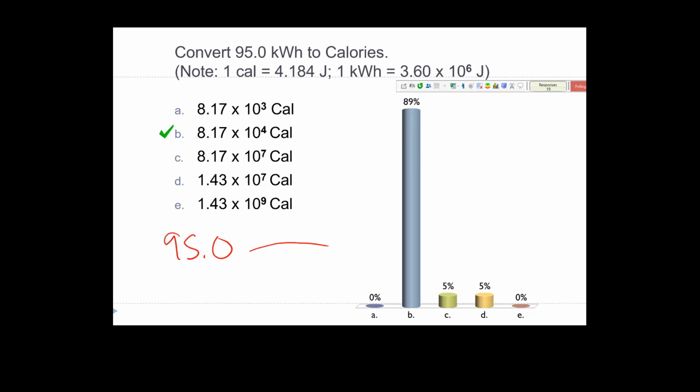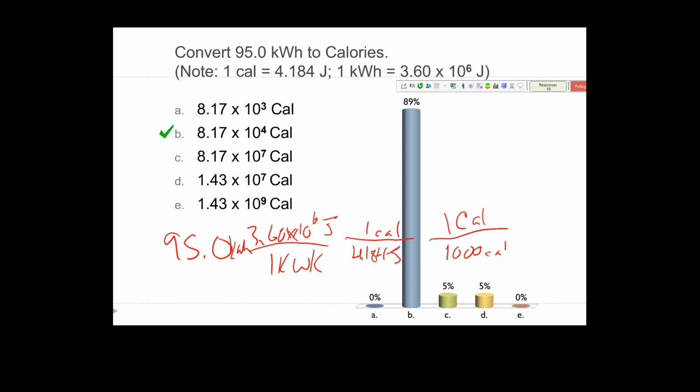What's the first conversion factor? 3.60 times 10 to the 6 joules over 1 kilowatt hour. And then what's the next step? 4.184 joules is 1 little cal, and then 1 big Cal is 1,000 little cal, right?